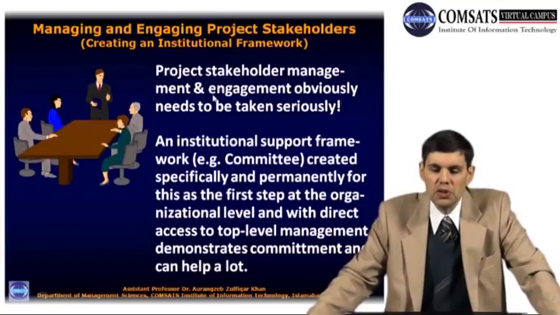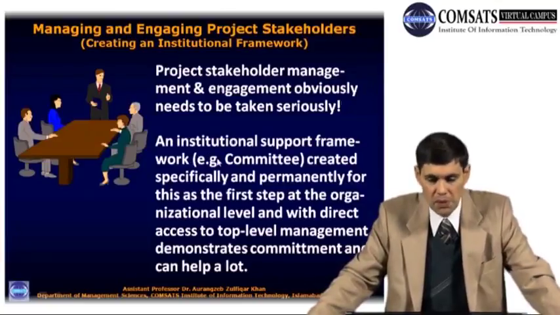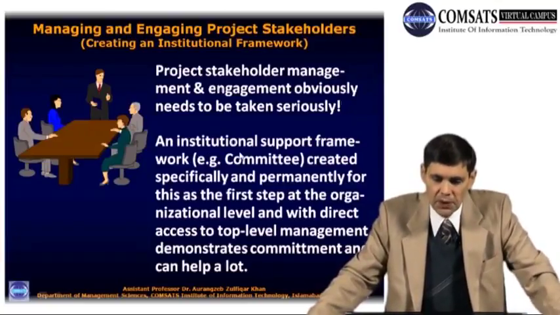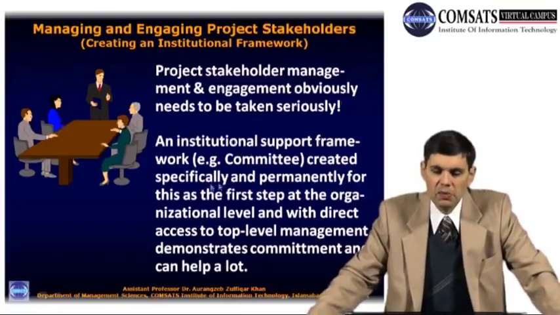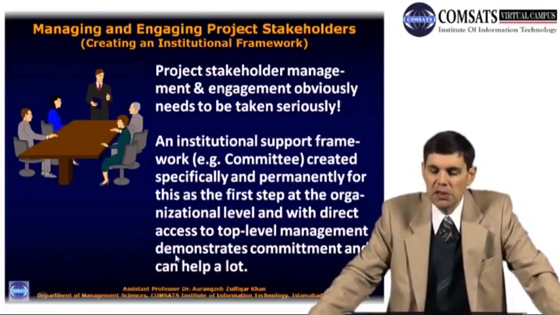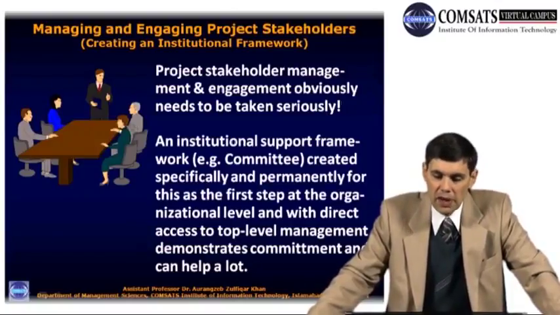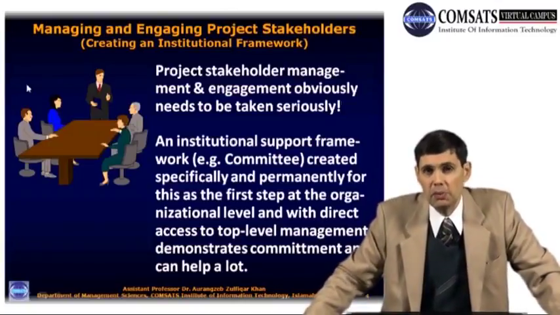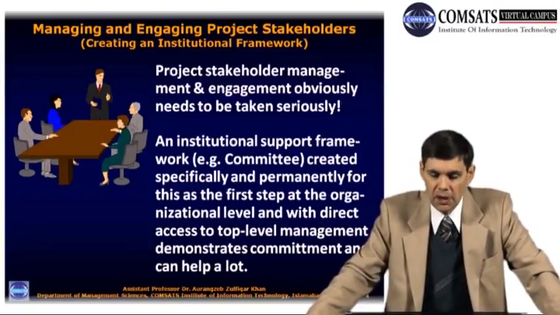For example, an institutional support framework, which could be a committee or a commission, created specifically and permanently for this as the first step at the organizational level, and with direct access to top-level management, demonstrates commitment and can help a lot. It's very important that there should be this top-level management involvement.